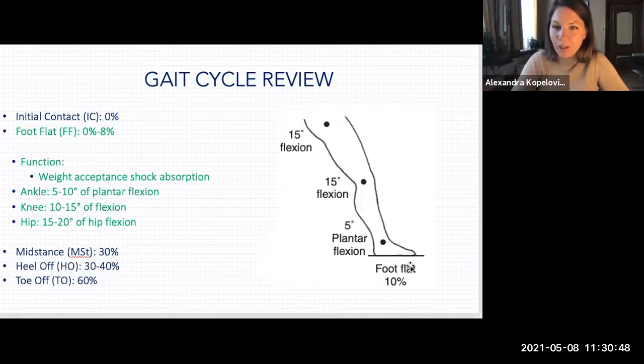Why does it move into flexion in the first place? The function of this flexion is weight acceptance and shock absorption. Obviously, because the joints move into flexion, it allows that shock absorption. If your knee was completely extended, there would be absolutely no shock absorption. So it makes sense that we're in 5 degrees of plantar flexion, 15 degrees of knee flexion, and 15 degrees of flexion at the hip joint.